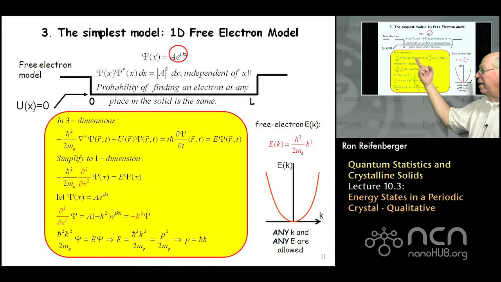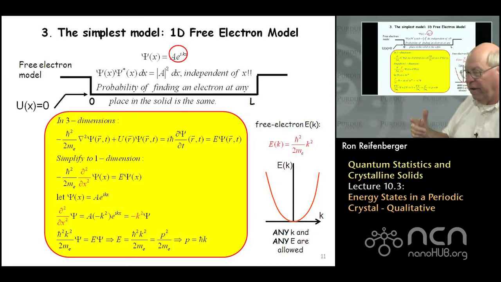You simplify it to one dimension, because we're just basically doing a one-dimensional problem here. And what you find out is that the allowed energies scale as h bar squared k squared over 2m. m is the mass of the electron. And the important thing to remember from this derivation is that there's no restriction on k whatsoever, okay?